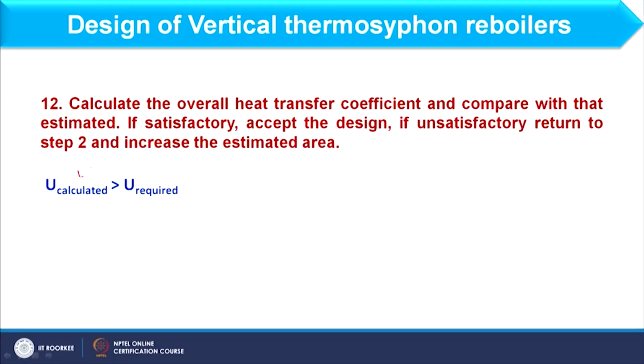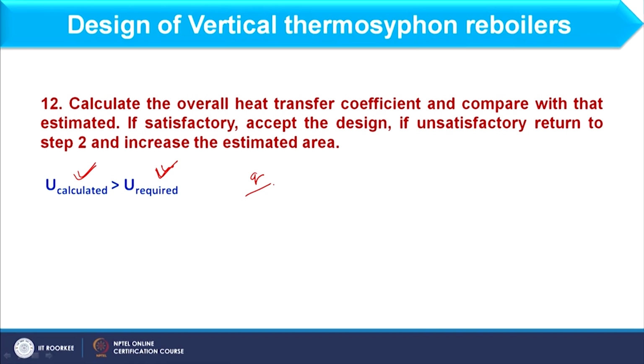So, you have already calculated this from the thermosiphon reboiler calculation, and what you required or estimated, you can find from the system because you already know the heat flux. Until you fix the Q value, you cannot proceed further.